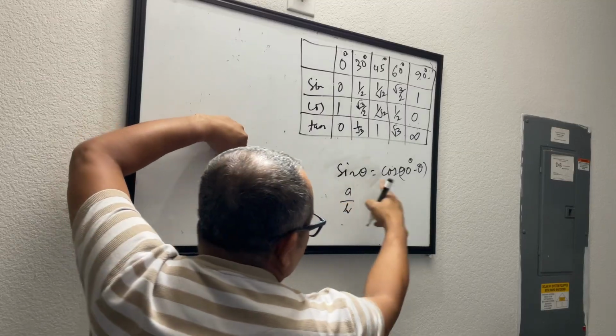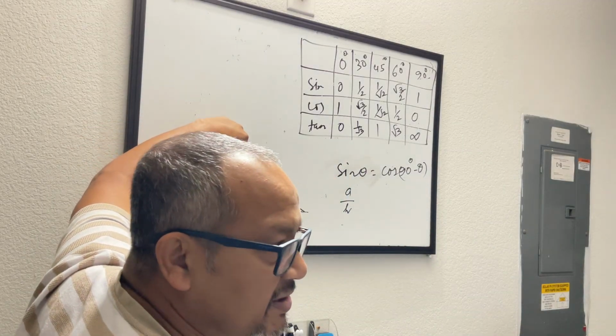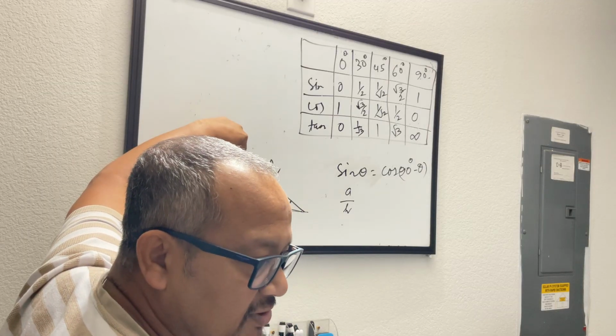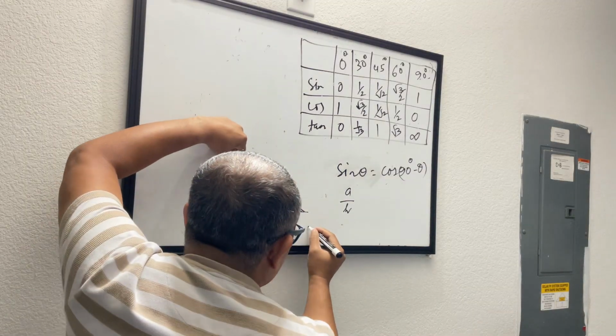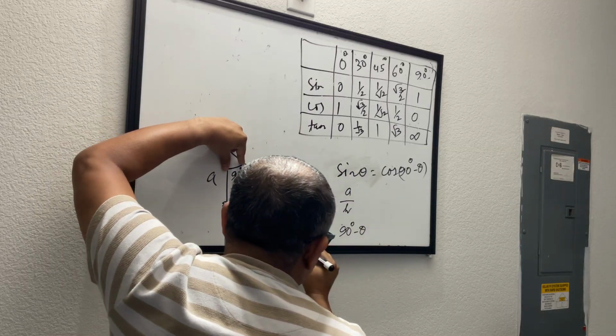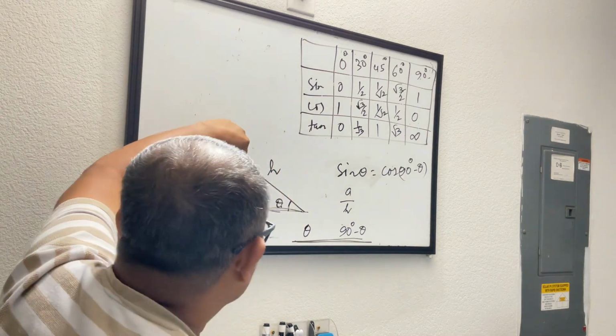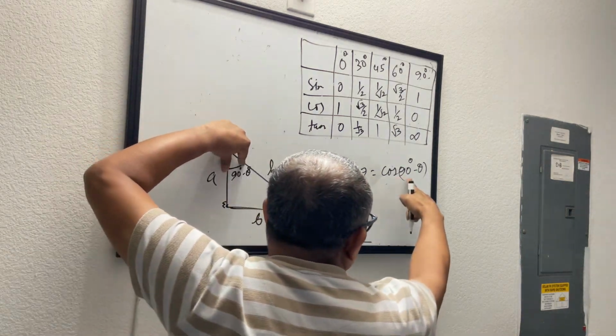I am saying sine of theta is equal to cos of 90 minus theta. When you say complementary angles, one angle is theta, the second angle is 90 degree minus theta, so that when you add them together, it becomes 90 degree.